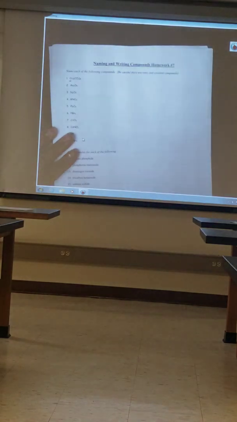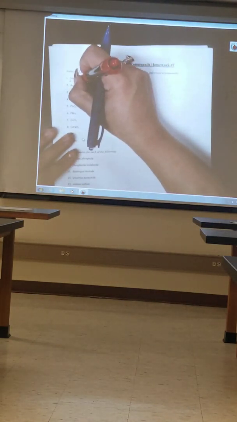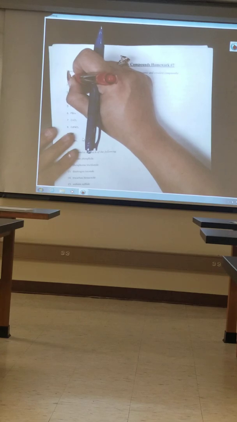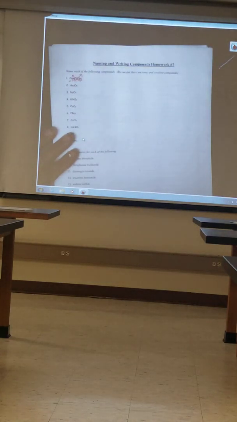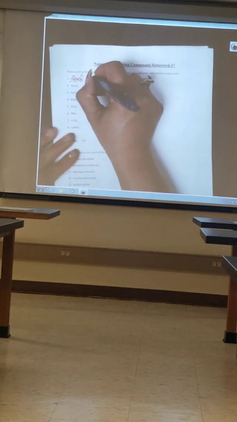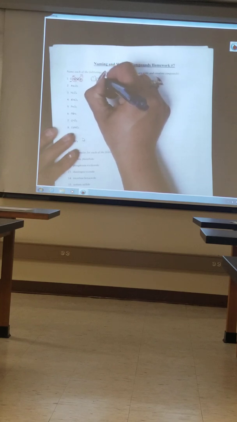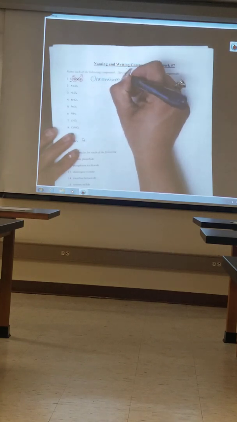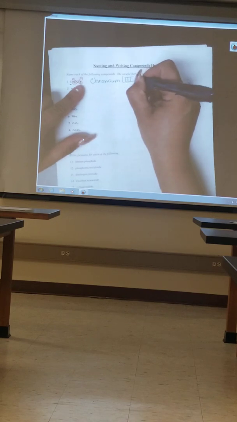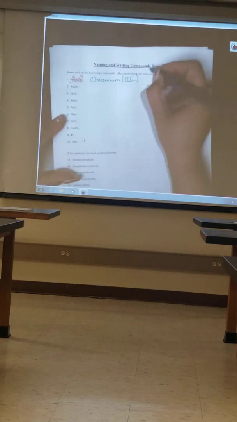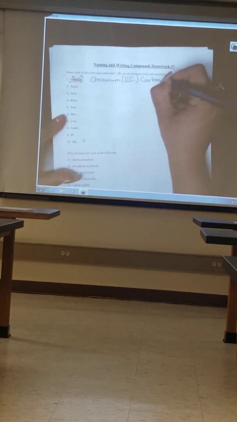So in this case, I'm gonna crisscross backwards. This 3 belongs to the chromium, and the 2 belongs to that polyatomic. So let's go ahead and name this one chromium, parentheses 1, 2, 3, because I get it from down here, close parentheses, carbonate.